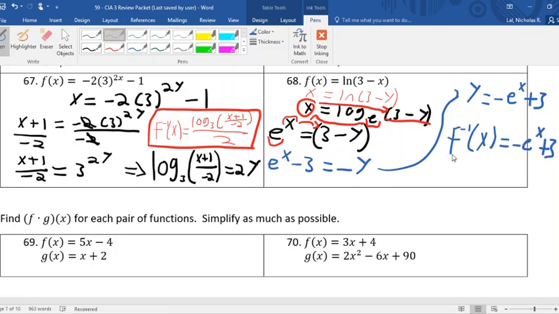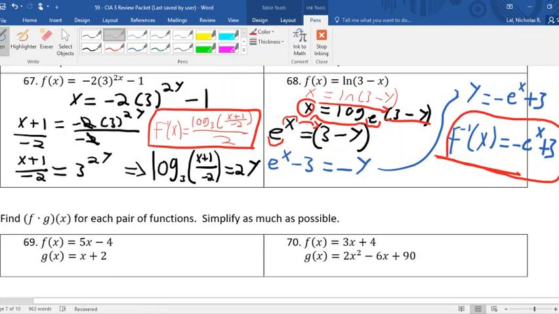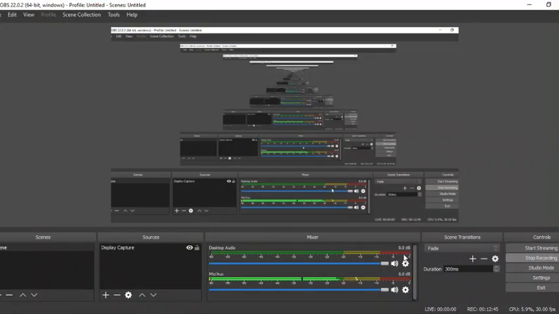And that is our function right here. Great. That's the inverse section of the packet.